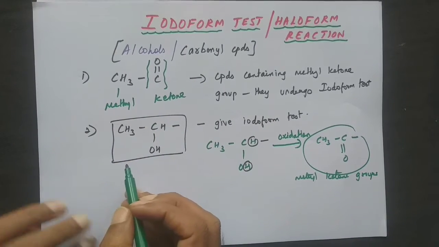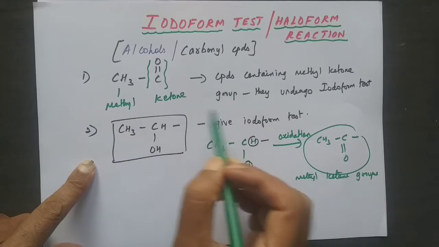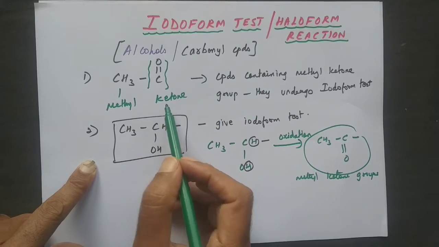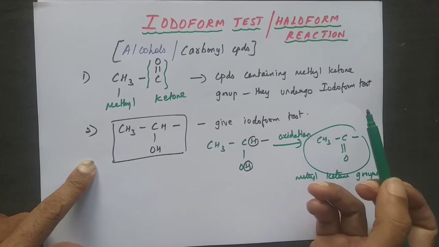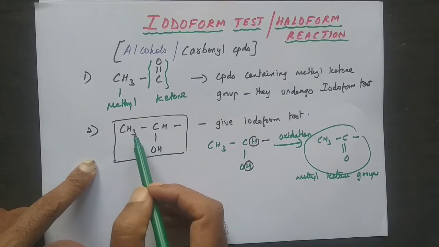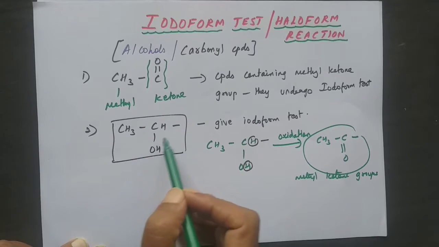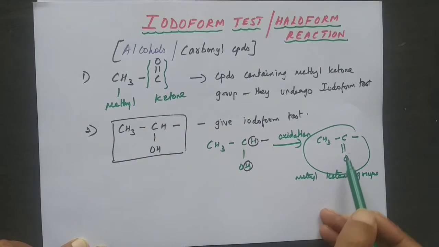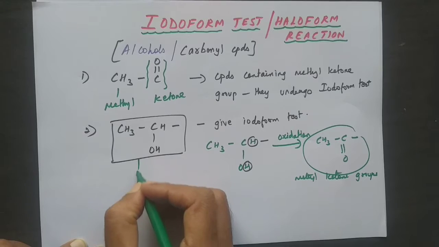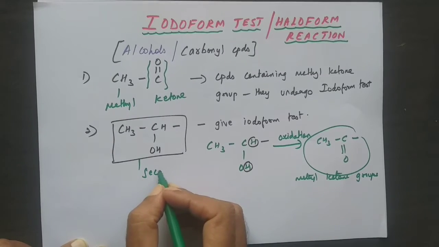So two parts you have to remember. The compounds which contain the methyl ketone group will give the iodoform test. Second, the compounds containing CH3, CH and OH. It looks like an alcohol, because we know that alcohols on oxidation give ketones. Probably the most interesting part is the secondary alcohol.